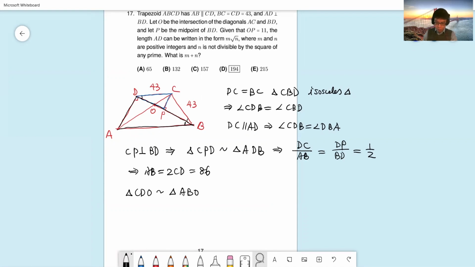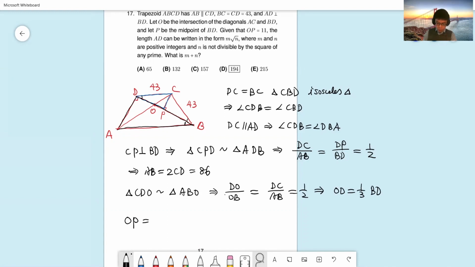Now, it is well known that triangle CDO is similar to triangle ABO. So the ratio DO to OB is equivalent to DC to AB, which is 1 to 2. That means OD is 1/3 of BD. So we can express OP.